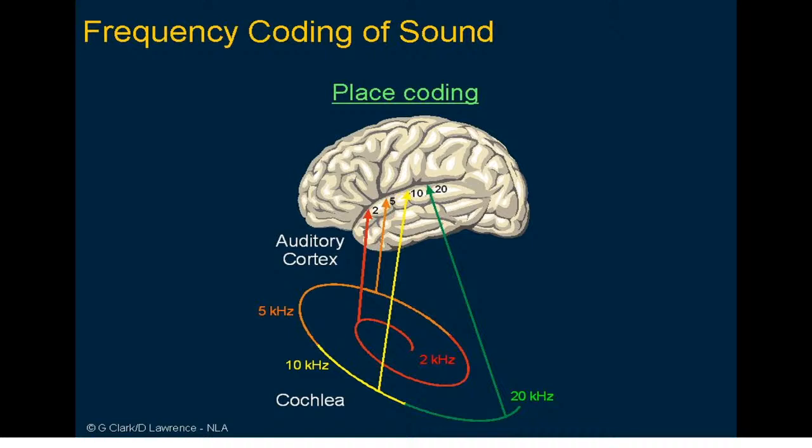The brain discriminates frequencies by distinguishing the places from which the impulses come. The combination of these various resonances gives the ear its frequency range.